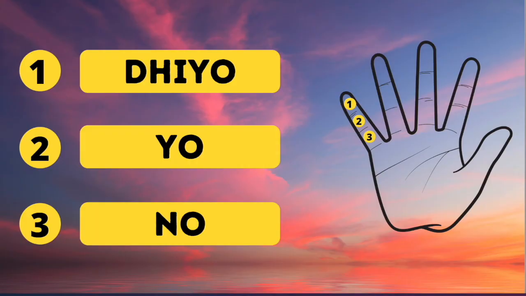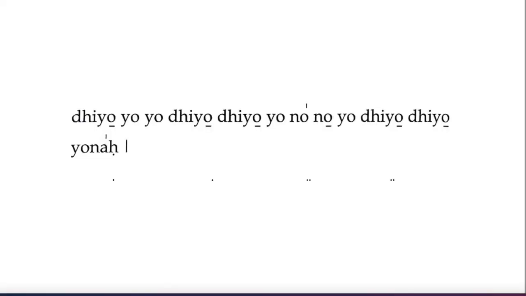Let us proceed. We now have Diyo, Yo and No as the first, second and third word respectively. There are a few quick rules which we need to apply as we go along, but for now it will remain as is.